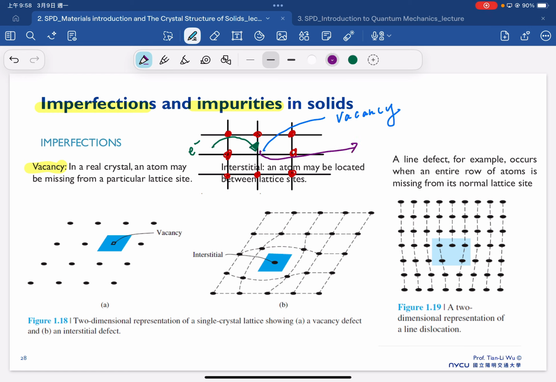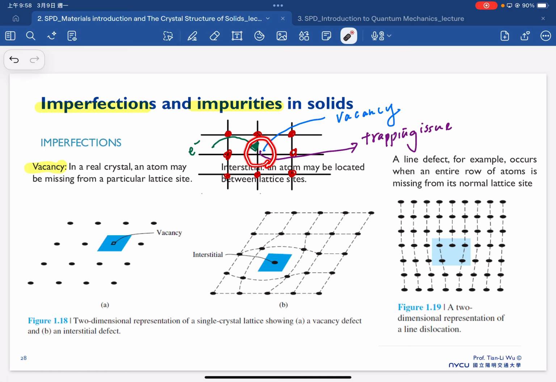So this vacancy can be considered as a trapping site or trapping location, and this would be the trapping issue. Right now you have an additional negative charge located in this empty available region, which creates a negative charge inside here.